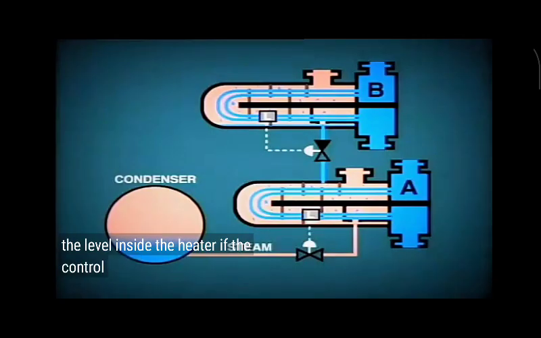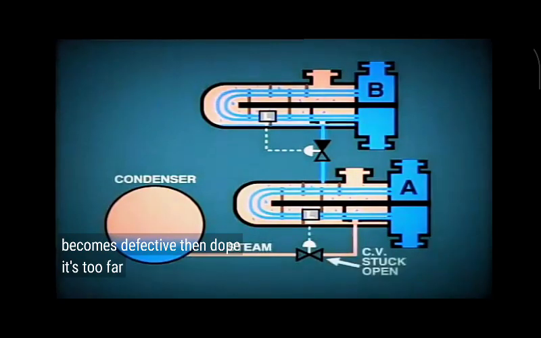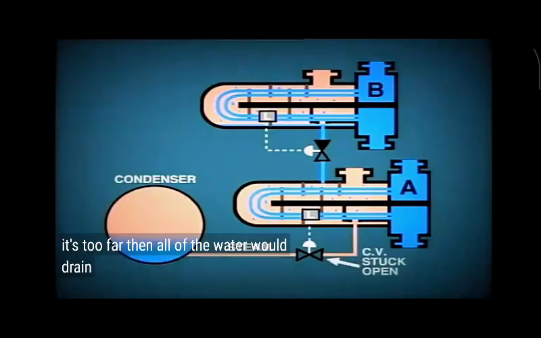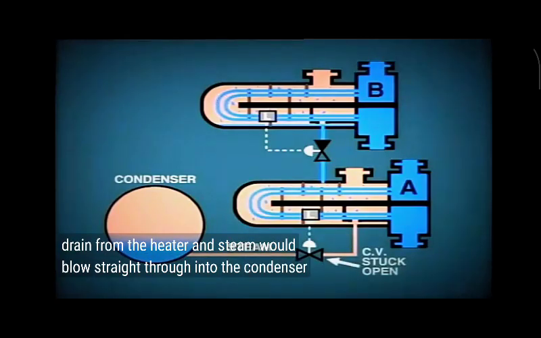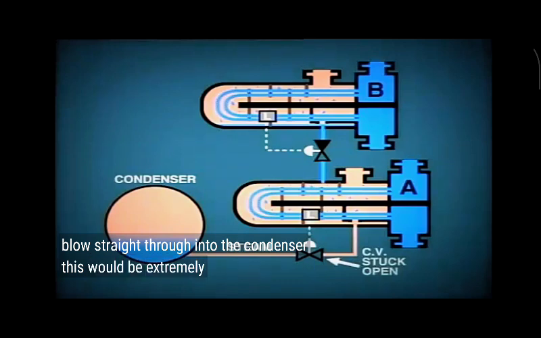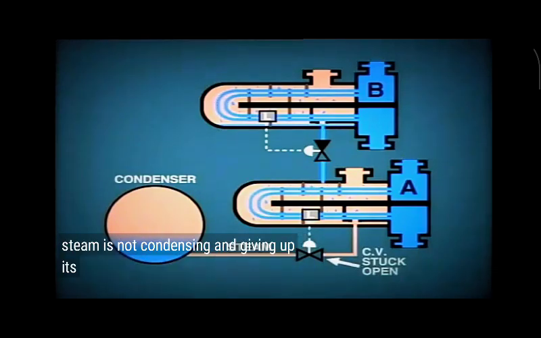If the control valve for some reason or other becomes defective and opens too far, then all of the water would drain from the heater and steam would blow straight through into the condenser. This would be extremely wasteful, as the steam is not condensing and giving up its latent heat to the condensate.